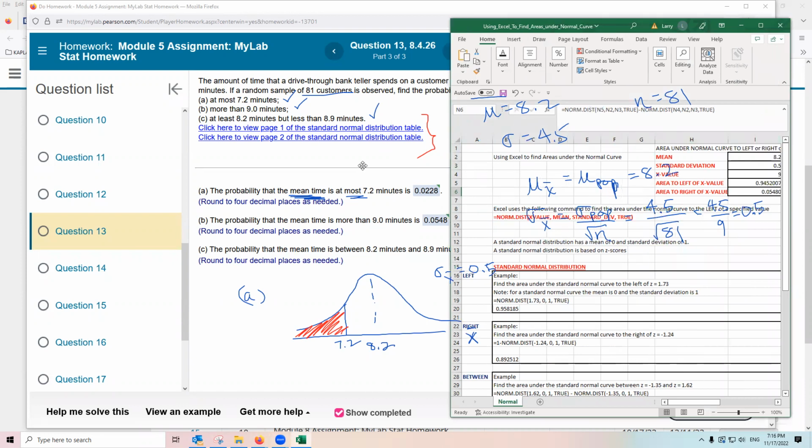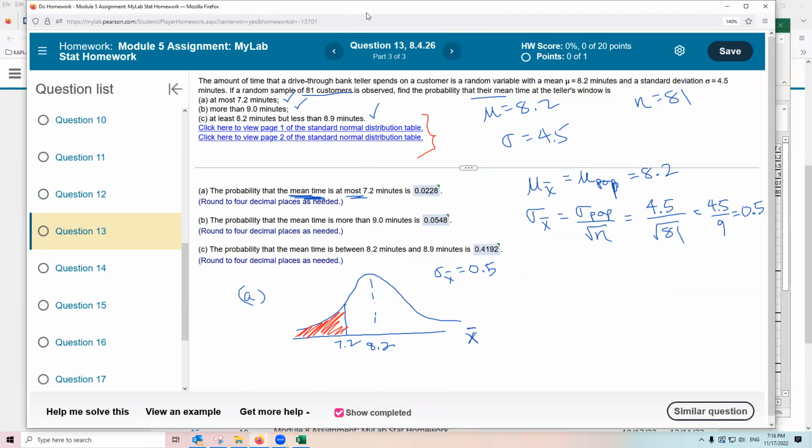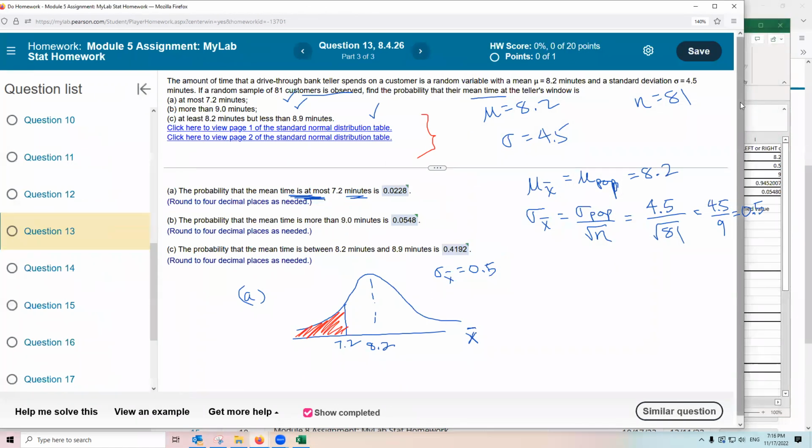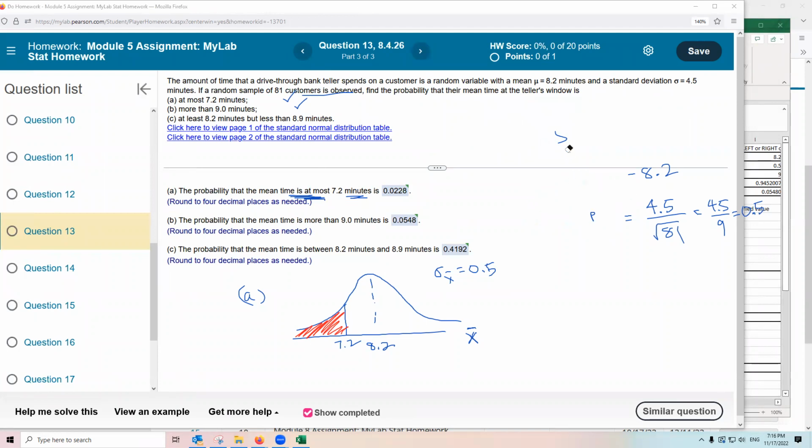Let me try to get this side by side, and I think I'm going to erase some of this here, just so we can get the Excel file next to this problem. All right, so let's go to part A.